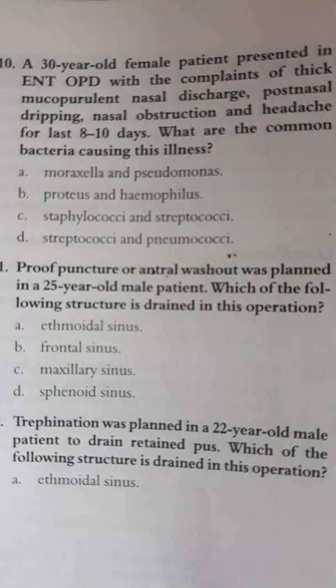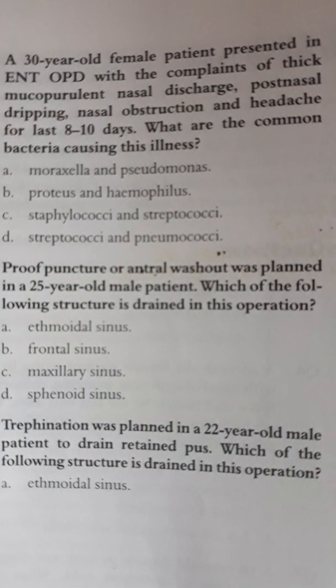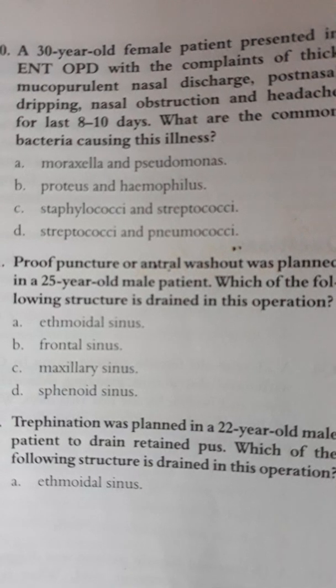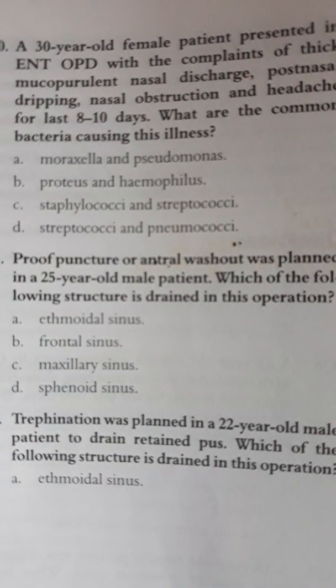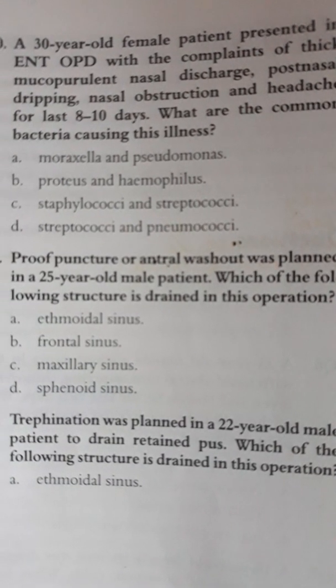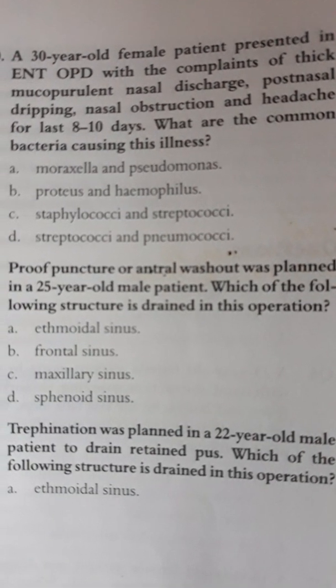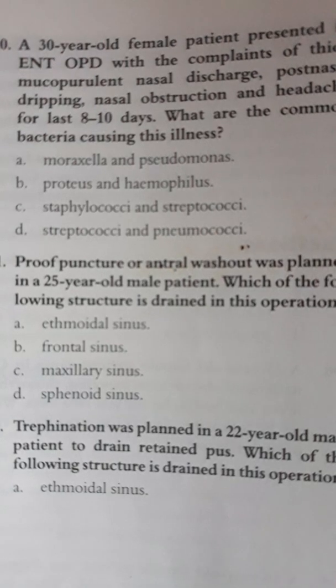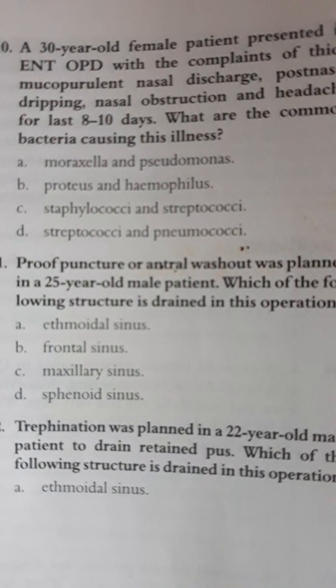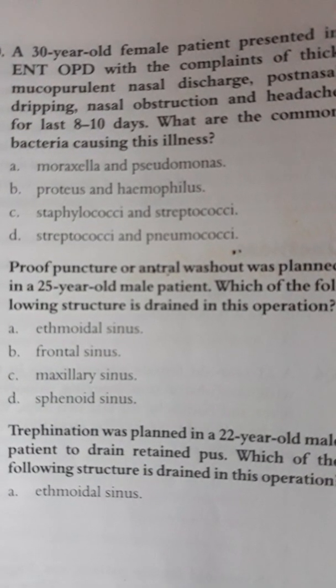MCQ 10. A 30-year-old female patient presented in ENT OPD with a complaint of thick mucopurulent nasal discharge, post-nasal dripping, nasal obstruction, and headache for the last 8 to 10 days. Which are the common bacteria causing this illness? Option D, Streptococci and Pneumococci.